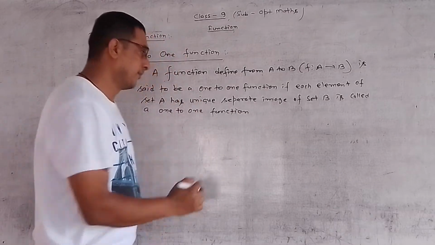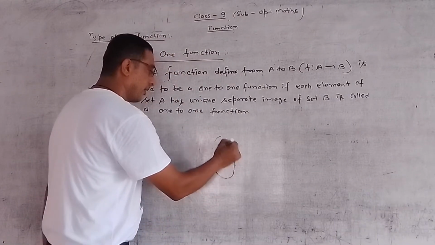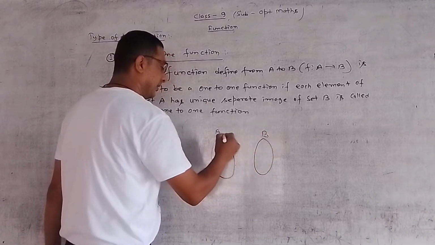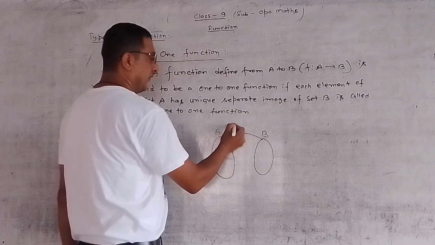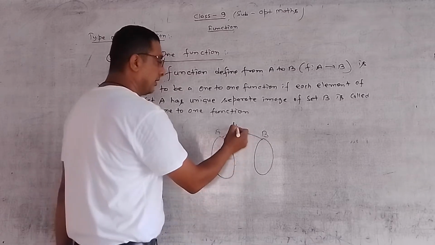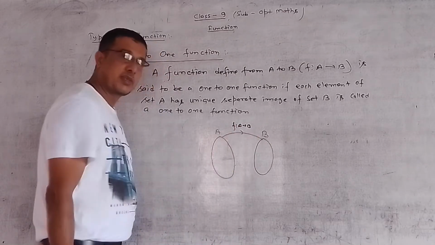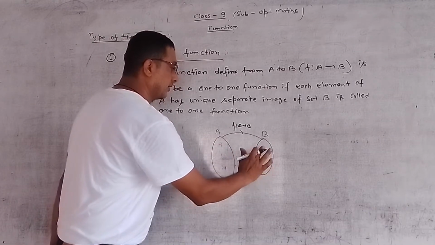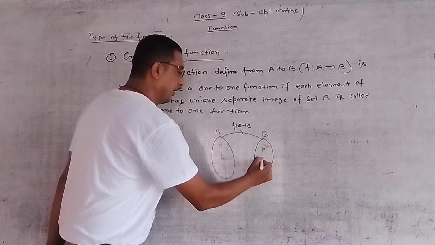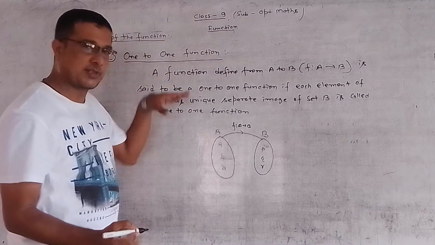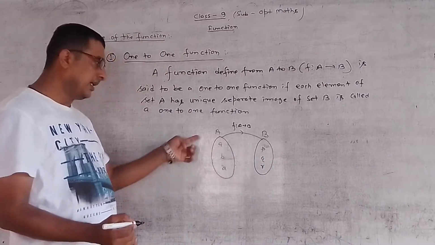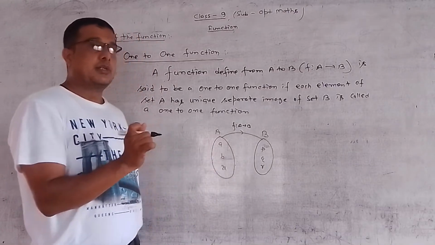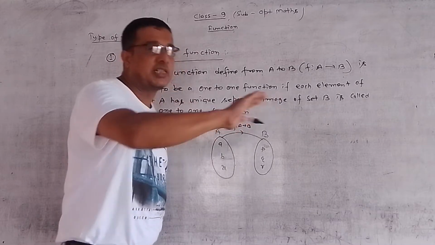So, in an arrow diagram, here is set A, here is set B. The function is defined from A to B. Let A, B, C be in set A, and P, Q, R in set B. According to our definition, each element of set A has a unique, separate image.